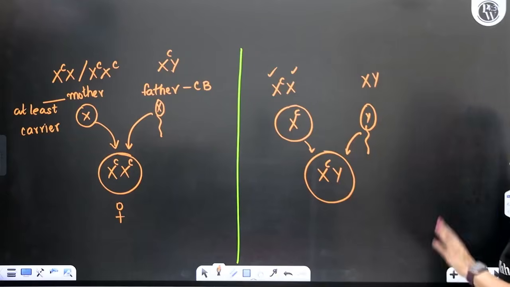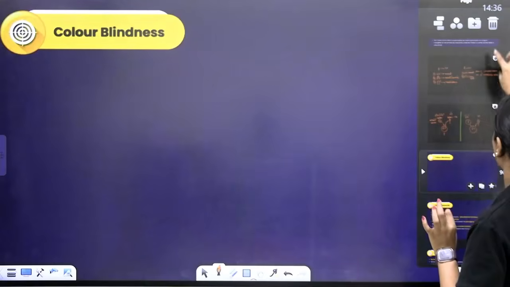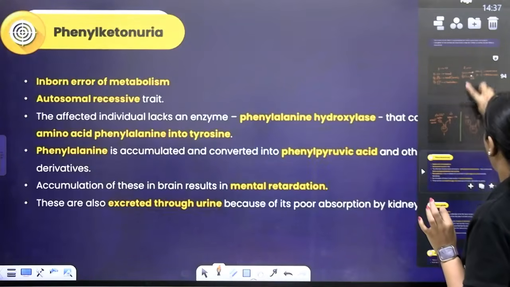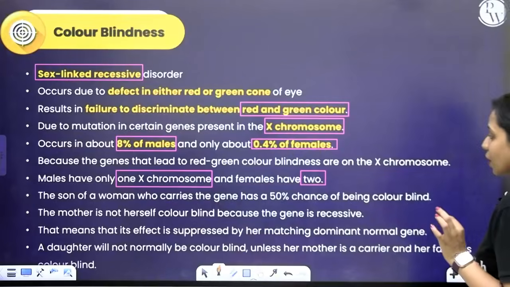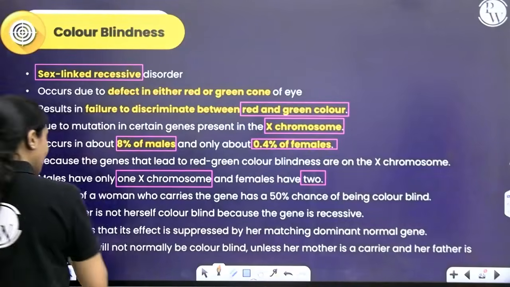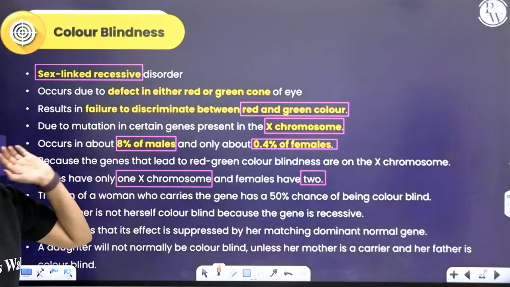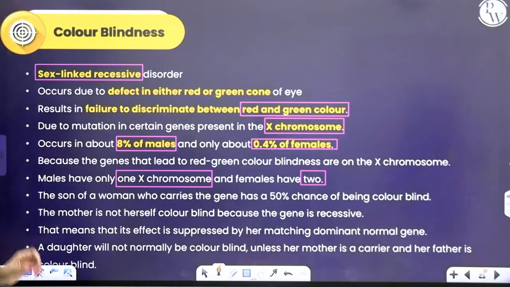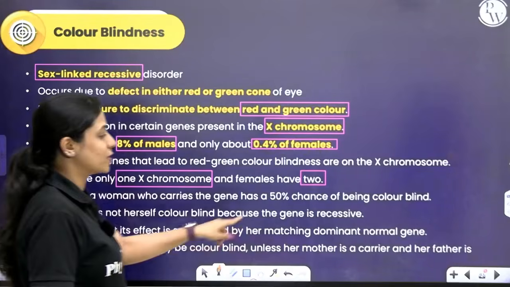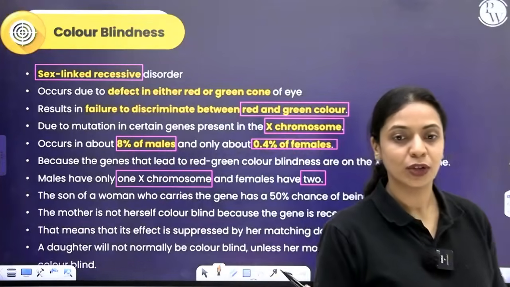There is a 50% probability even if just the mother is a carrier, right? And yeah, if the mother herself is not colorblind, because the gene is recessive, it expresses only in homozygous condition. It means that the effect is suppressed by her dominant allele. I already told you this.